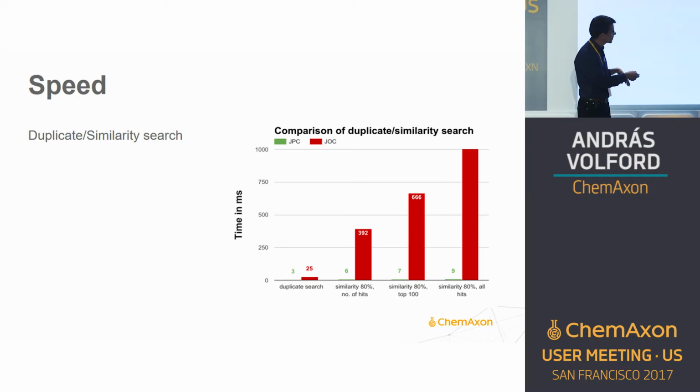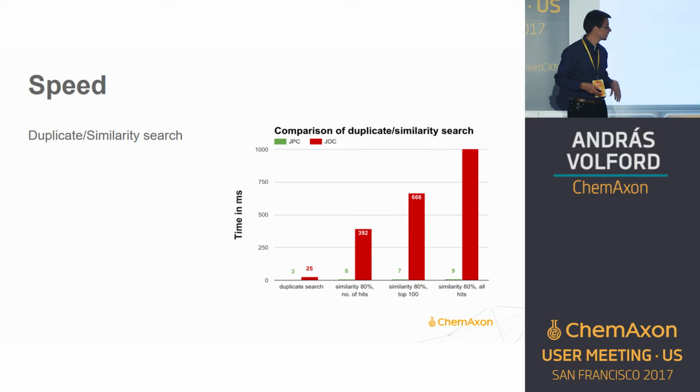The second, third, and fourth are similarity searches. The first is the number of hits if you get similarity over 80%. The next is the top 100 most similar structures. And the last is all hits in the similarity. As you can see, the Oracle cartridge is not very nice, but the Postgres cartridge is working very, very nicely on this question.